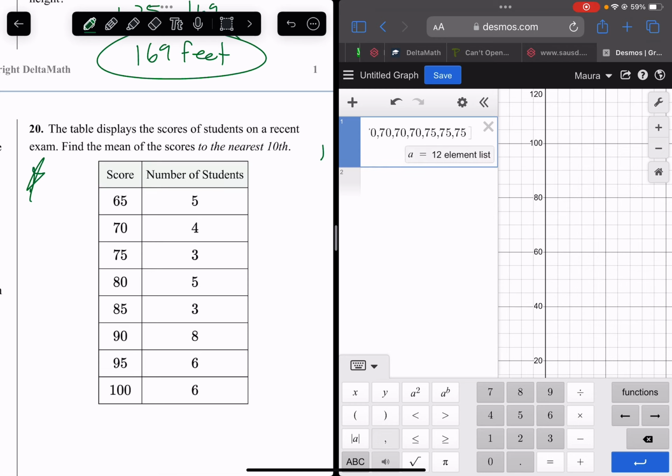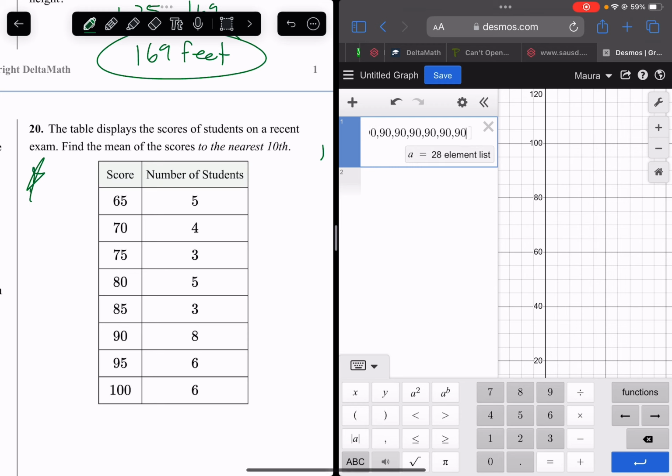We have 5 80s. 1, 2, 3, 4, 5. We have 3 85s. 1, 2, 3. We have 8 90s. That's a lot. 1, 2, 3, 4, 5, 6, 7, 8.